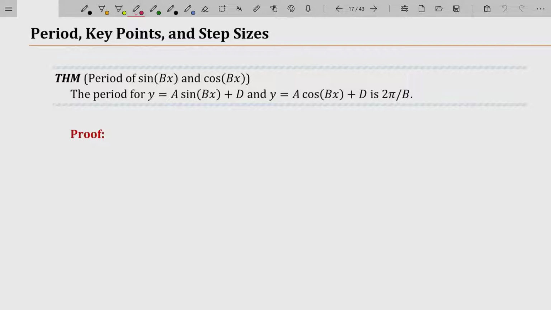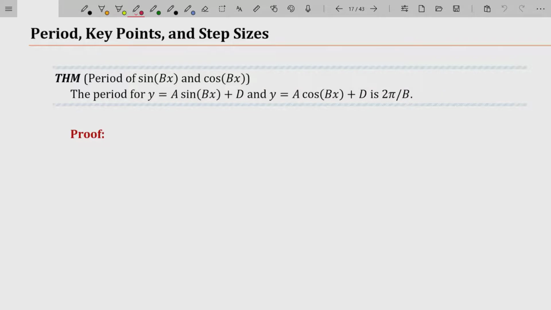You should have already covered the base graphs for the sine and the cosine, and amplitude and reflections, midline, and vertical shifts. And this is the next in that series. So let's focus in this video on the period of a trig function, and how that relates to the graph of the trig function.